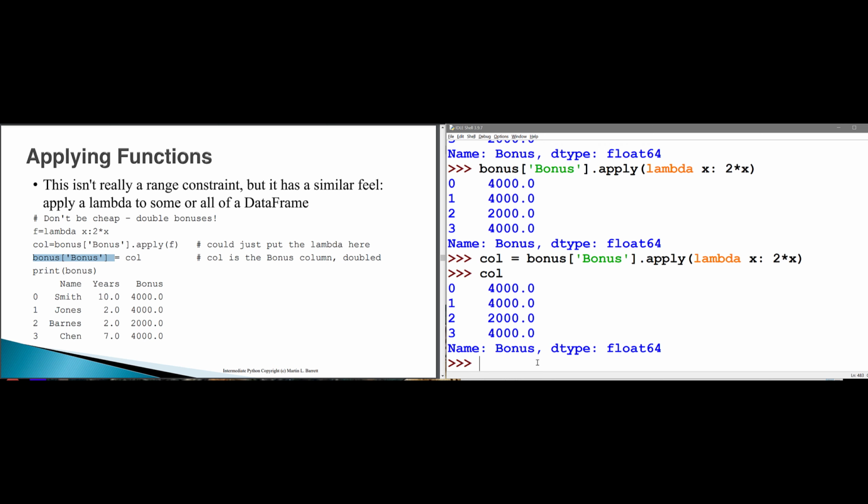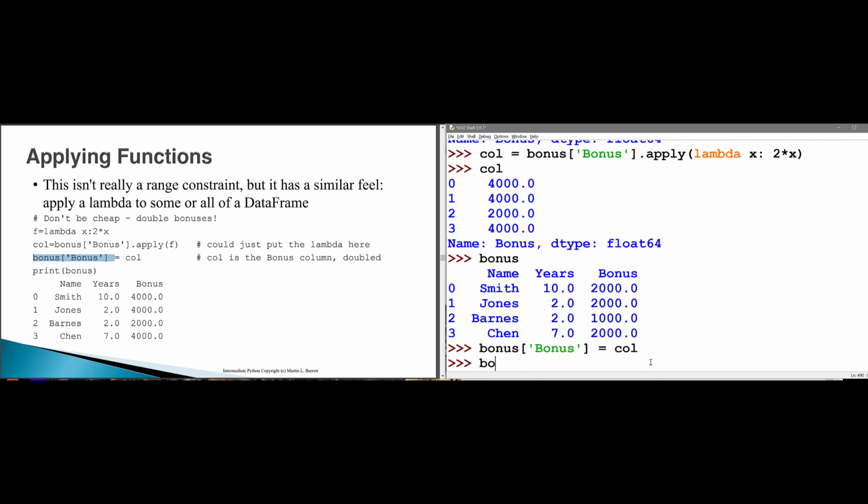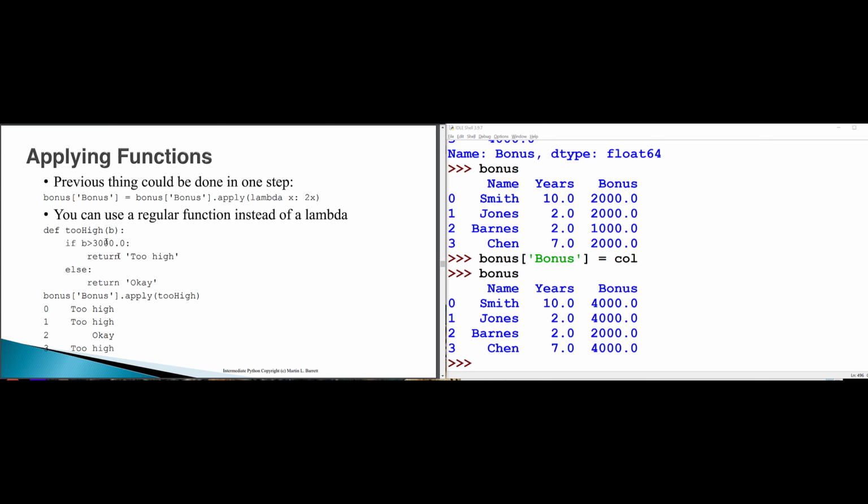And we know that if the number of items in a series is equal to the number of rows in a data frame, I can replace the entire column by assigning that other series to that column. There we go.